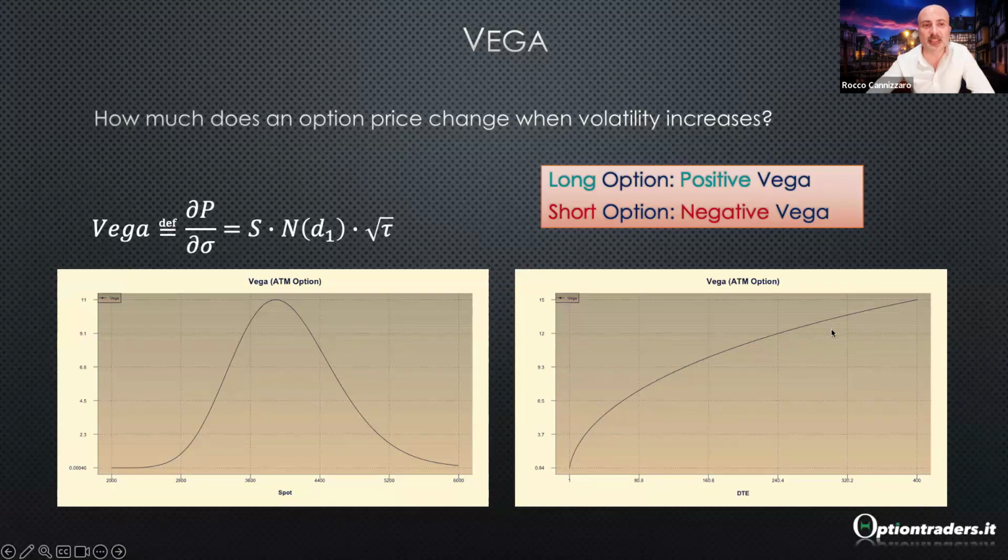Now, this is something we'll talk about in a moment. You'll see that it's not always true in practice. But at least from a theoretical perspective, this chart is telling us that the Vega increases the farther in time we go.